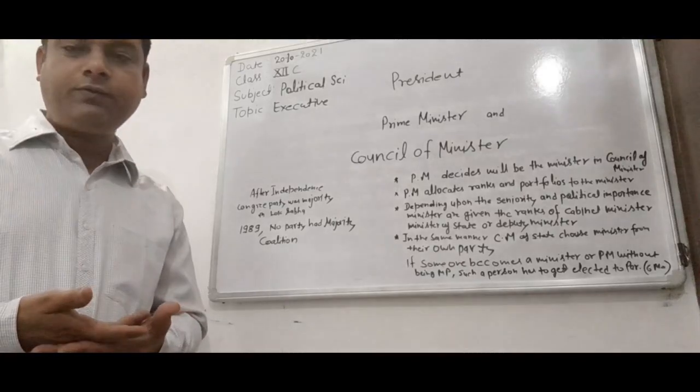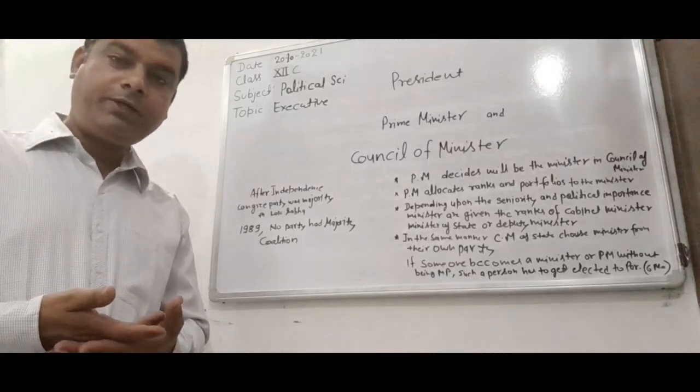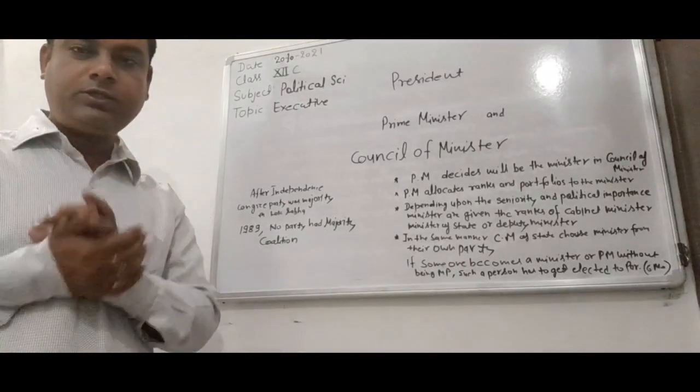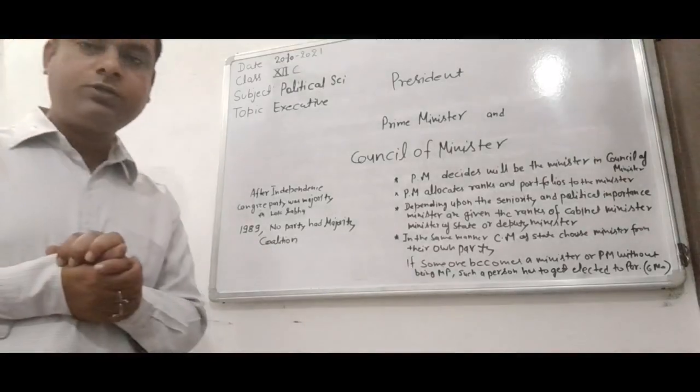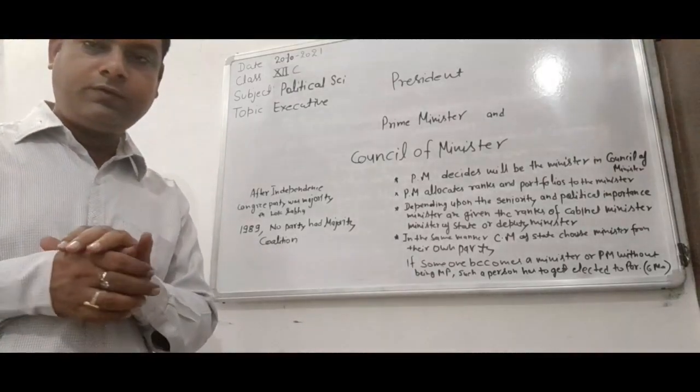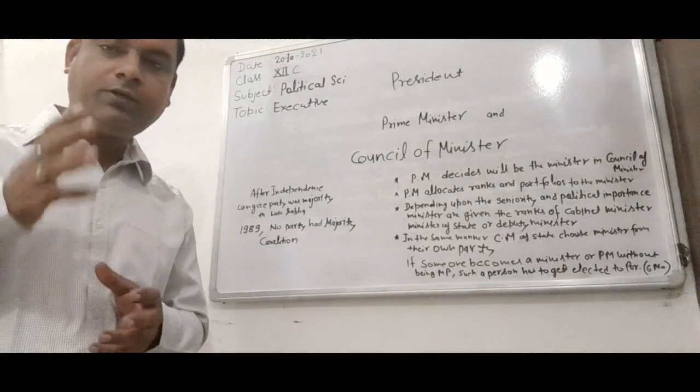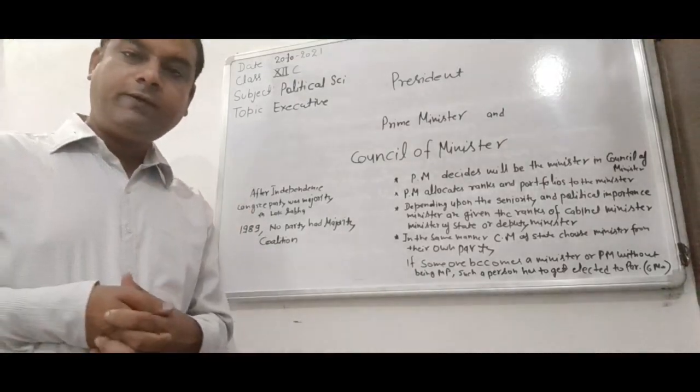So that is why, from the 91st Amendment, the strength of the Council of Ministers was limited to 15% of the total only.